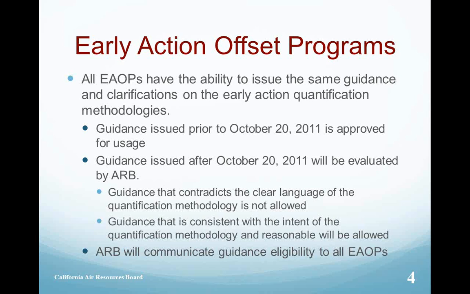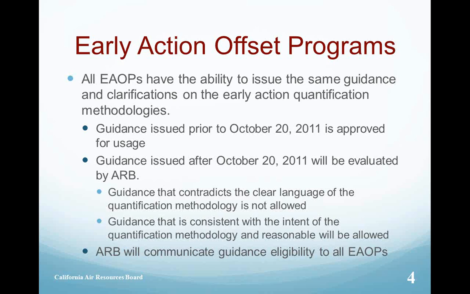Guidance that was issued prior to October 20th, 2011 is approved for use because that was the adoption date of the regulation. However, guidance issued after that date will have to be evaluated by ARB. And the criteria that will be used to determine if that guidance will be approved is as follows. Guidance that contradicts the clear language of the quantification methodology will not be allowed.